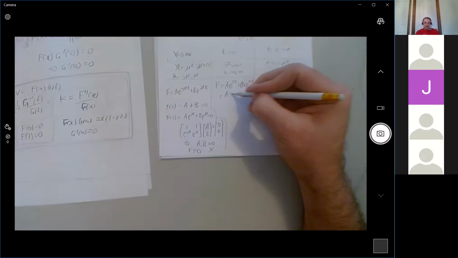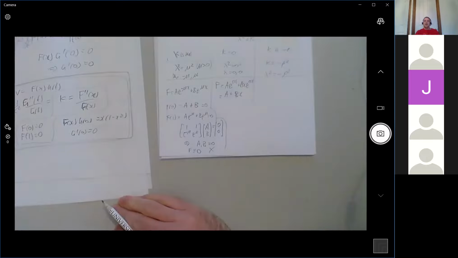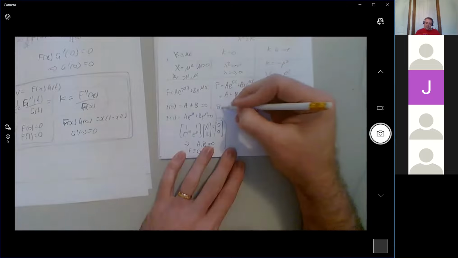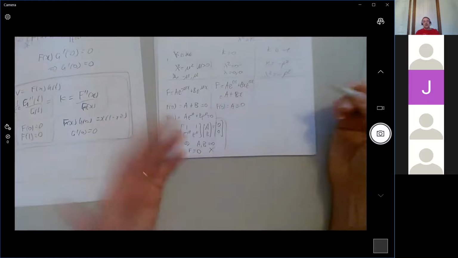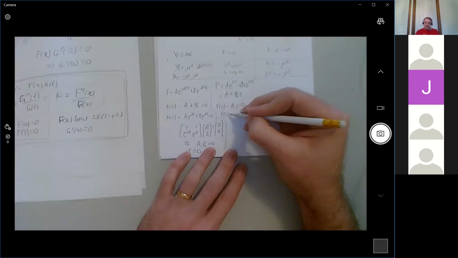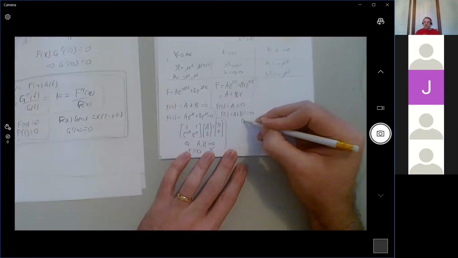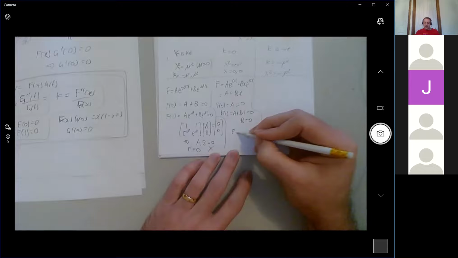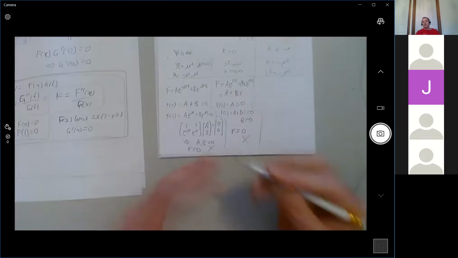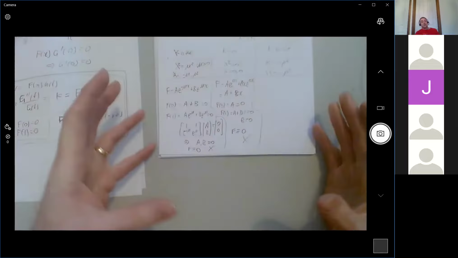And so you get a plus bx. And so when I sub that in, f of 0 is a plus b times 0, which is 0, so the a is 0. f of 1 is a plus b times 1, which is 0, but the a is 0, so the b is 0. And since the a and the b are both 0, we get that f is always 0, and so that's not okay either. So that's how this argument works, okay?